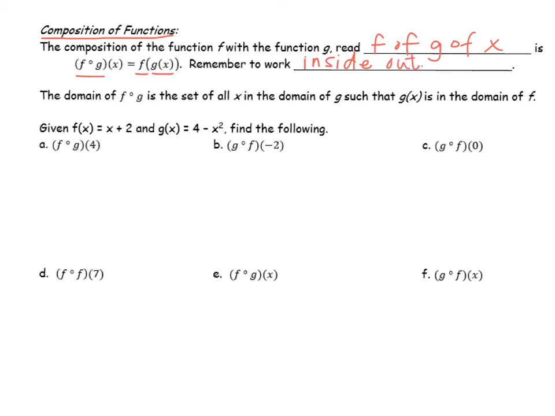The domain of f of g is the set of all x values in the domain such that g of x is in the domain of f. That's a lot of words, but what that means is the output of g of x, since we evaluate that first, becomes the input of f of x.